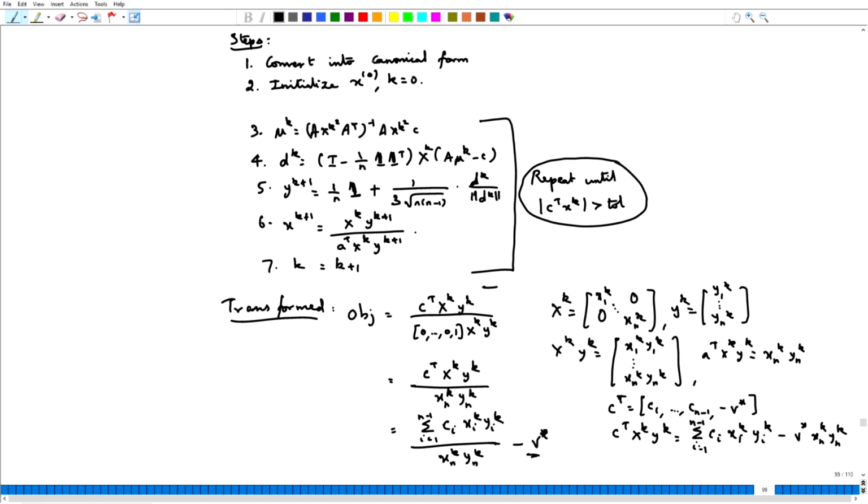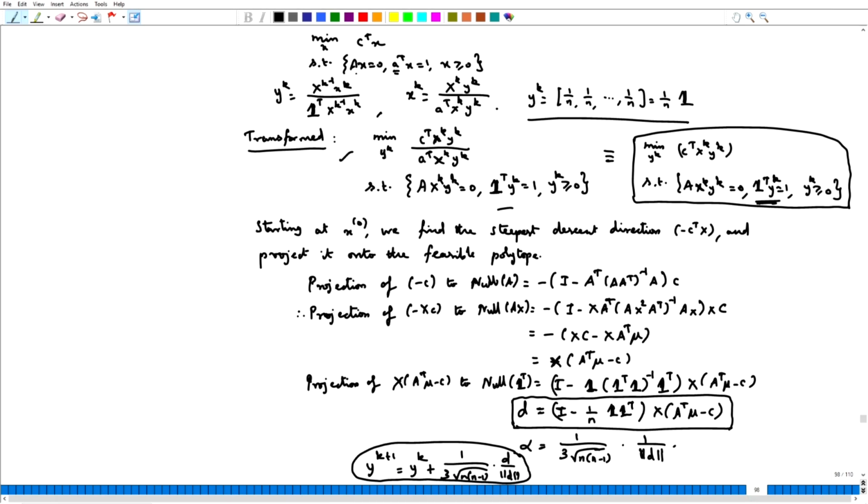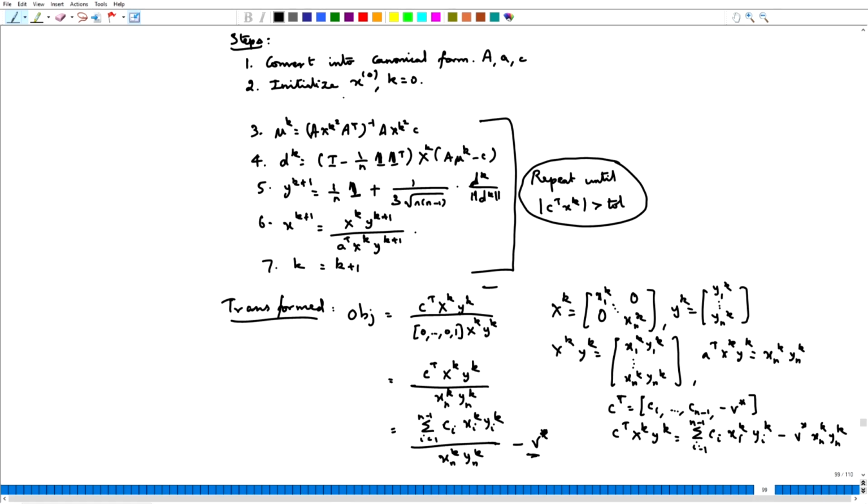And converting into canonical form actually means you are given little a and c. If you recall what the canonical form is, you have c, capital A and little a, you do not need anything else. And this is x of 0, k equal to 0, and capital X 0 is diag of x 0.